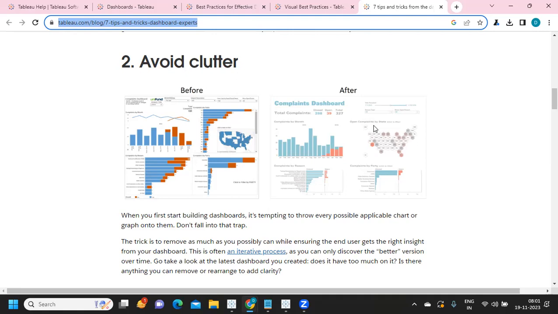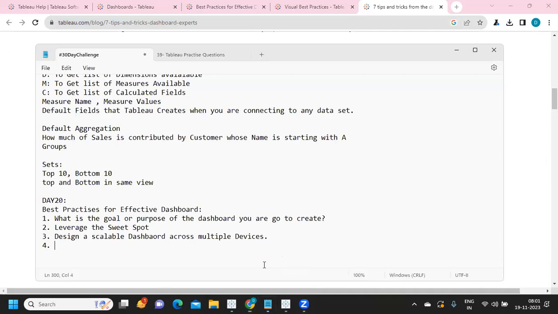It is about sending a clear message to the customer by limiting the number of views, limiting the number of colors, and having a consistent layout and consistent titles. That is very important for us to grow. So I hope you got this point. I'm writing that as the fourth point: try to limit the number of charts or views in the dashboard.